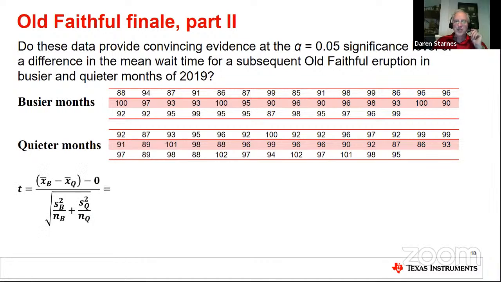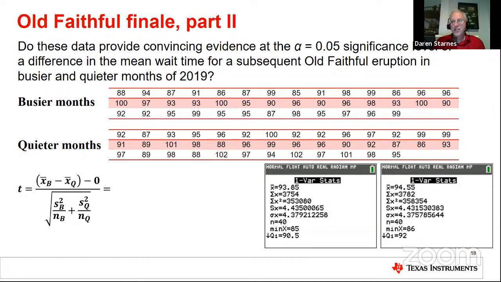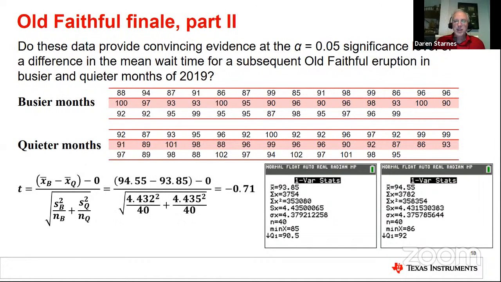So you can probably guess what I'm going to do here first is maybe we want to have our kids work through that formula. And there's a punchline here. So we do the 1-var stats on each of the two lists, the quieter and the busier. And we plug in the corresponding values for the busier month, which was 94.55, and the quieter month, which was 93.85.